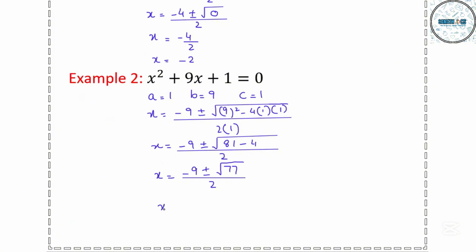We can write x is equal to minus 9 plus under root 77 divided by 2, or x is equal to minus 9 minus under root 77 upon 2. So here the value of b squared minus 4ac is greater than 0. So we have got two distinct roots.